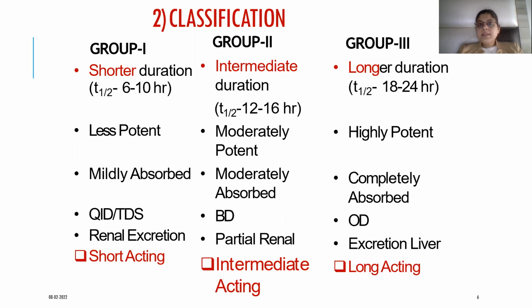Group 2 are intermediate-acting, with a half-life of 12 to 16 hours. These are moderately potent, moderately absorbed, given 2 times daily, and partially renally excreted. Long-acting ones are highly potent, completely absorbed, need once daily dosing, and are excreted through the liver.